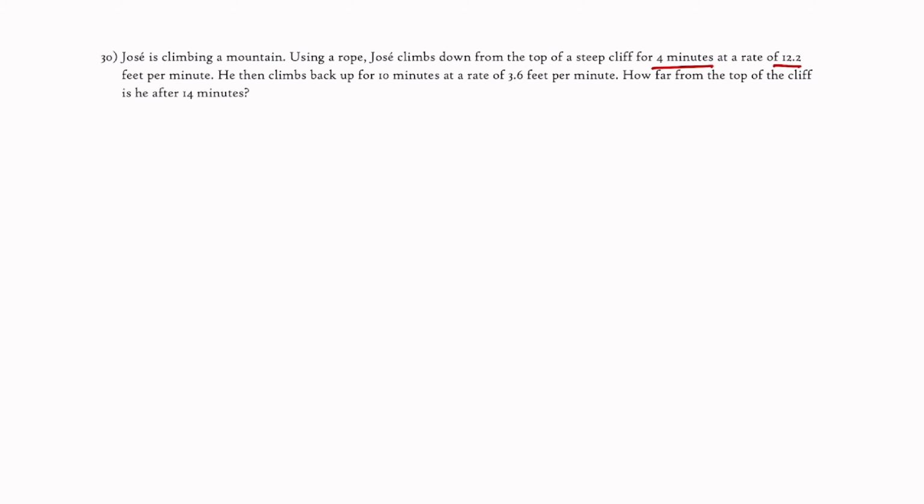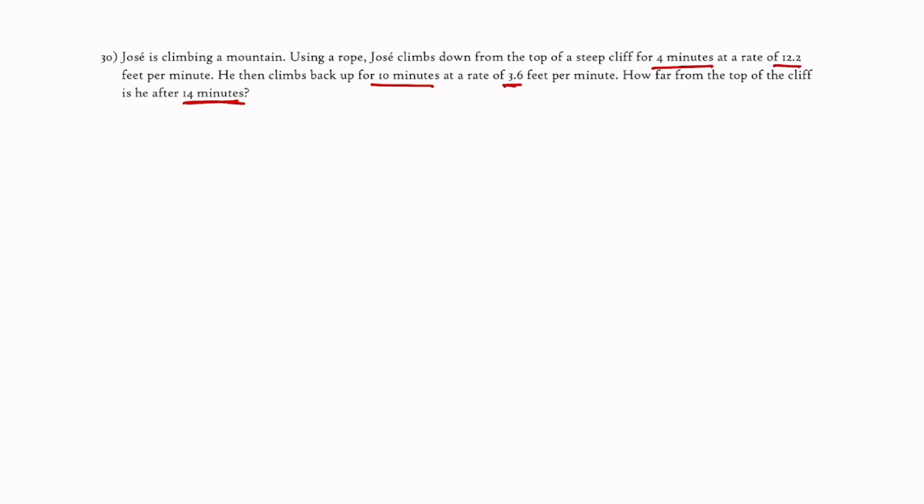And what is the speed? 12.2 feet per minute. He then climbs back up for 10 minutes at a rate of 3.6 feet per minute. How far from the top of the cliff is he after 14 minutes? This is 14 because it's coming down for 4 minutes and then going up for 10 minutes.